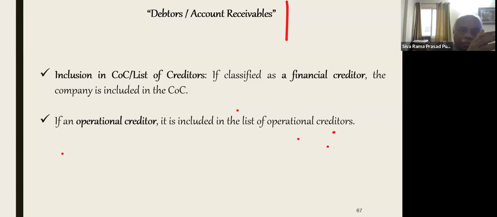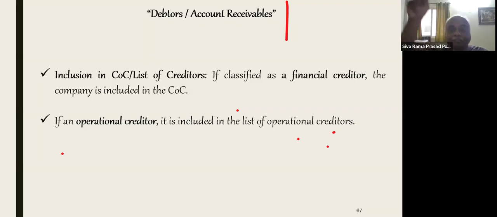Once the company has approached the factoring company and told them, sir, I will sell the credit sales, that is, the debtors, are you ready to take? Yes, I am ready to take. They will bargain the price. He will purchase. Purchase means the factoring company should not claim as a financial creditor.